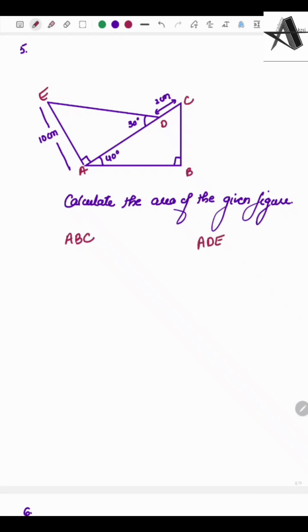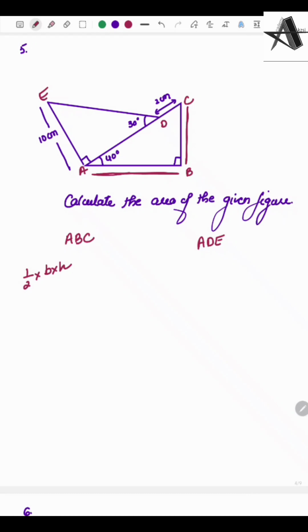To calculate the area, I should know half times base times height. That means for both the triangles, I should know base and height. Base is what? Your adjacent. Let me focus on triangle ABC. For triangle ABC, I should know the base, which is adjacent, as well as height, which is opposite.